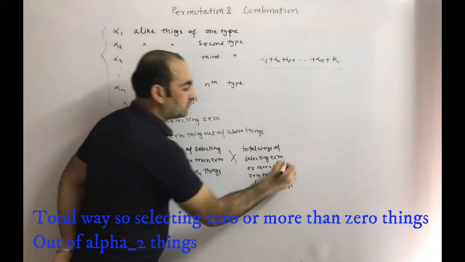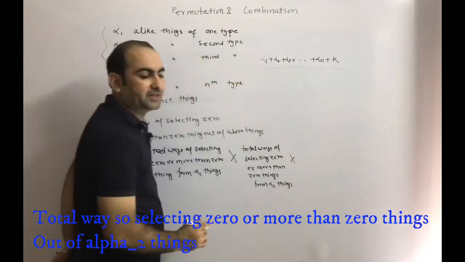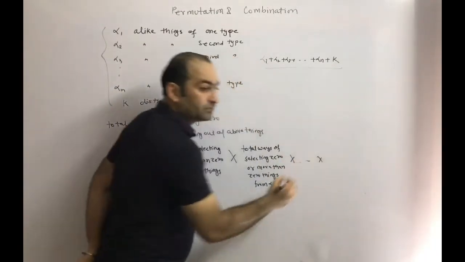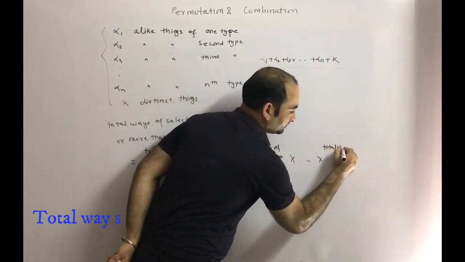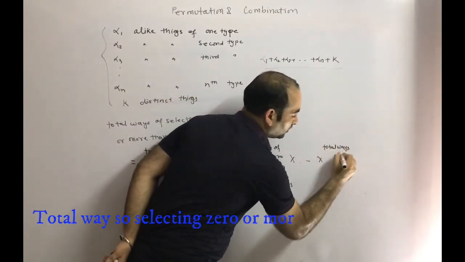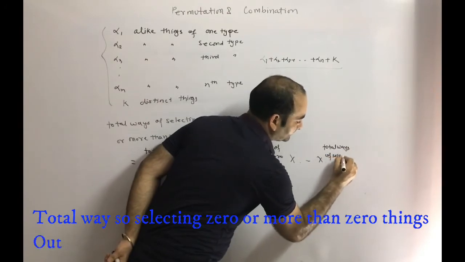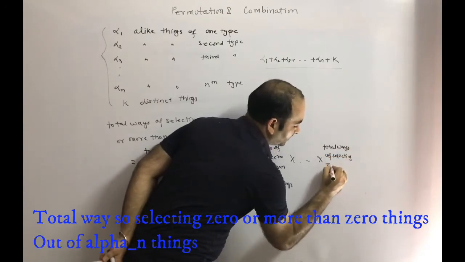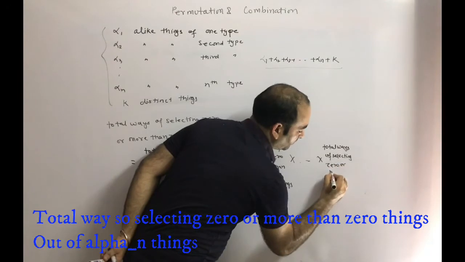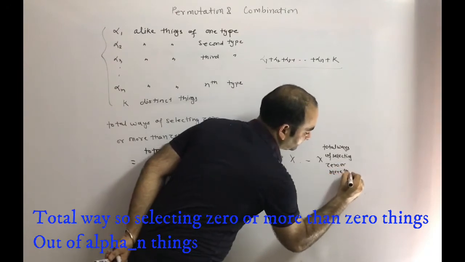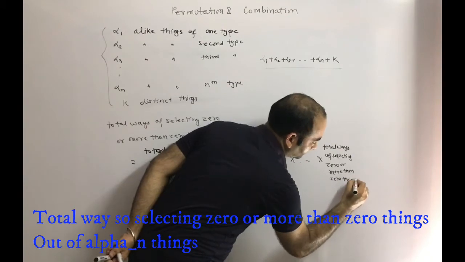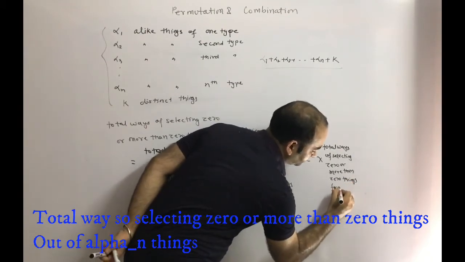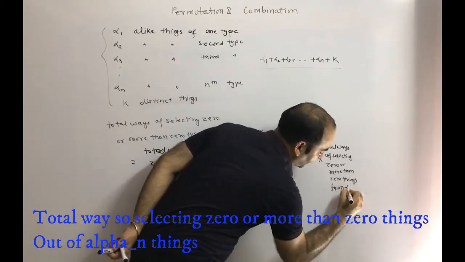Again we have to multiply, same thing for alpha 3, and same thing you have to do for alpha n. So for alpha n, total ways of selecting 0 or more than 0 things from alpha n things.